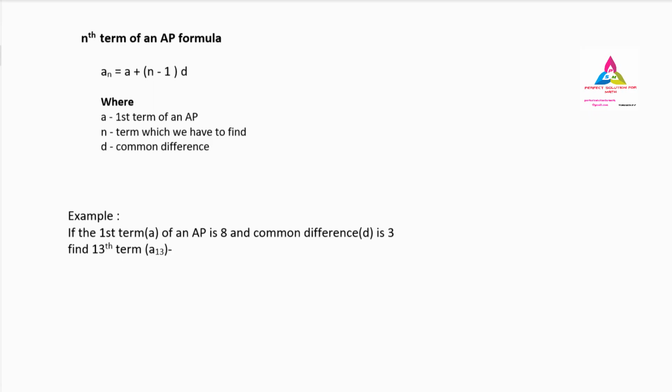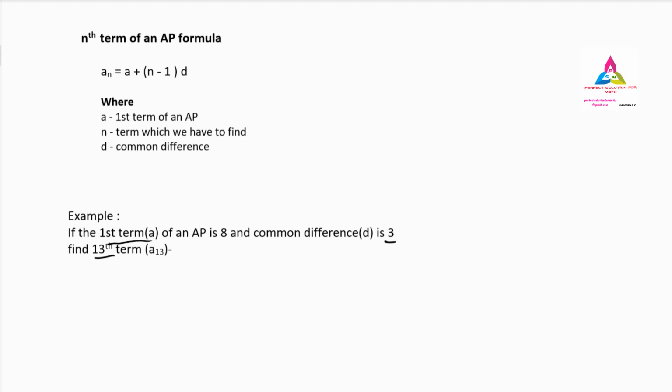The example is, if the first term of an AP is 8 and the common difference is 3, you have to find the 13th term, that is A13. Here we have to first write down what is given.